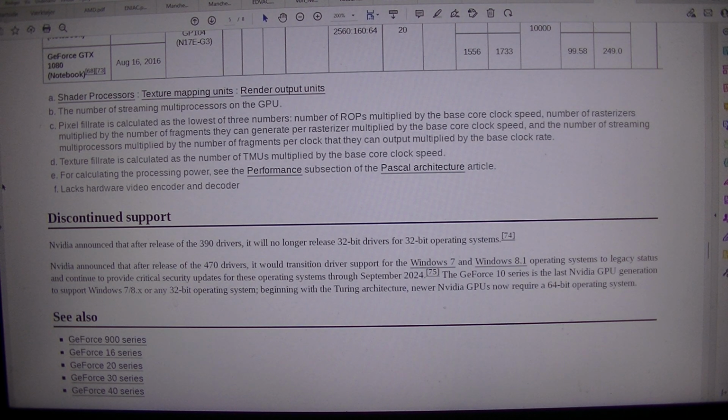Texture fill rate is calculated as the number of TMUs multiplied by the base core clock speed. For calculating the processing power, see the performance subsection of the Pascal architecture article.